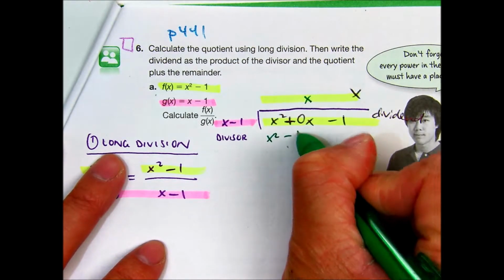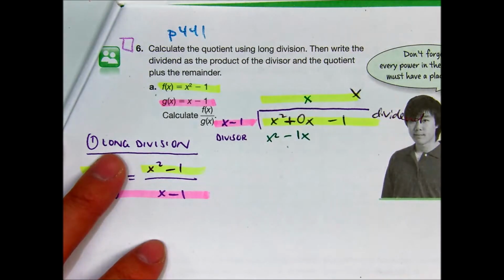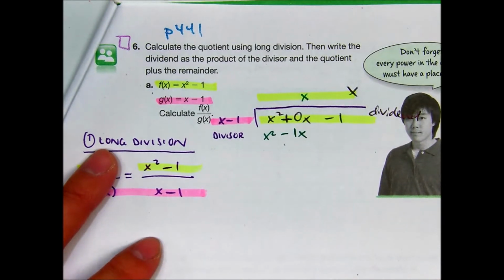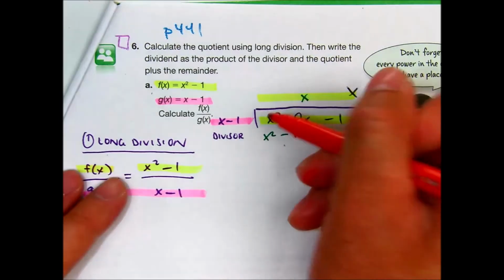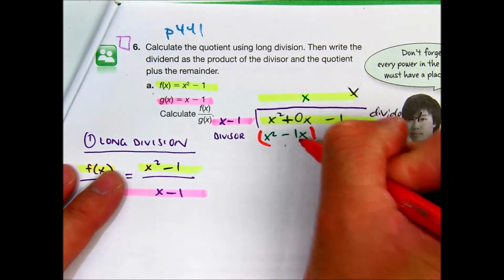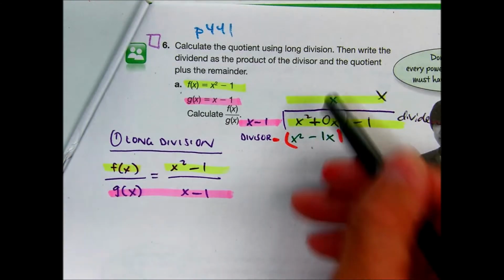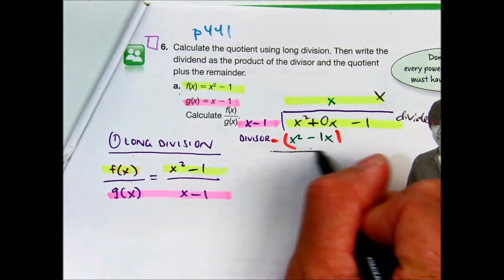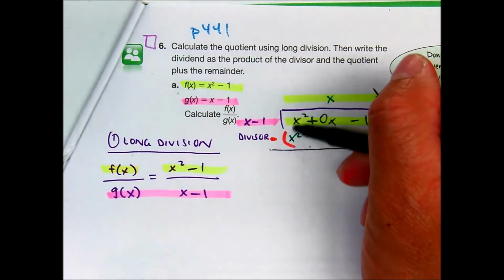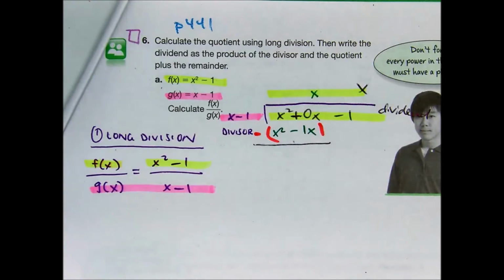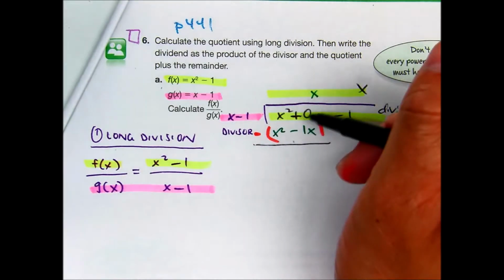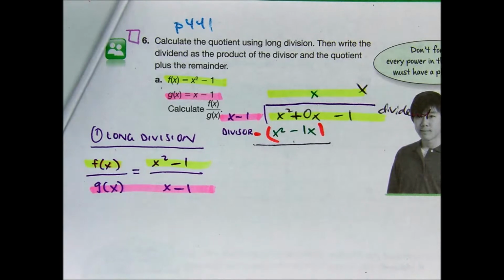Yeah, negative x or negative 1x. I'm going to take out my special red pen, make this super obvious. We're going to subtract there. What happens when I subtract, Kevin? What happens here? It gets rid of it. Uh-huh. And then the other one gets rid of it and you bring down the 1.